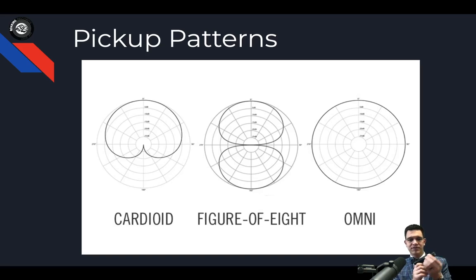So where that diaphragm is determines what this shape is. Now, the SM57 dynamic and most microphones are probably in the cardioid position, meaning they pick up best at about 110 degrees in front of the microphone. So if you thought of a 110 degree angle coming off the front of the microphone, that would be this.